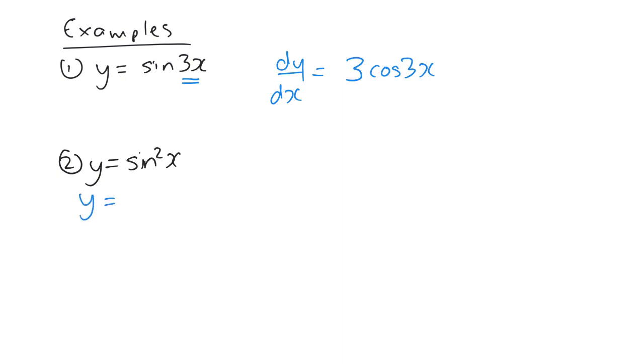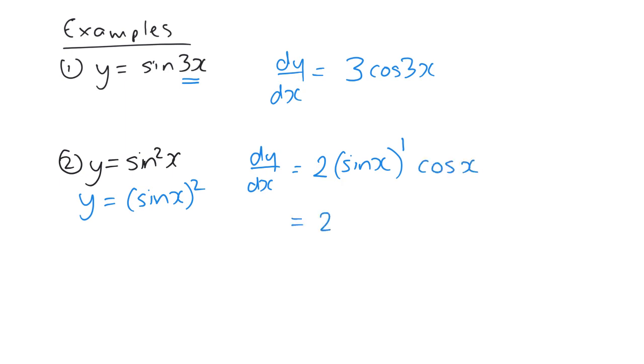First thing to do is to write that as sine x all squared, and then we differentiate it the same way as we did with other brackets. So it's 2 times sine x, take 1 away, to the power of 1, and then differentiate what's inside the bracket. So differentiate sine x, we get cos x. Now you would write that then as 2 sine x cos x.